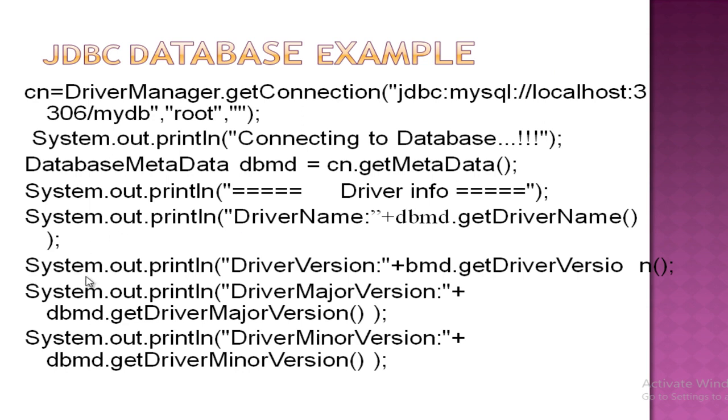Next, System.out.println with "Driver version". Suppose we want to know which driver version we have used, then we write dbmd.getDriverVersion; here the d is not printed, guys, you have to consider dbmd.